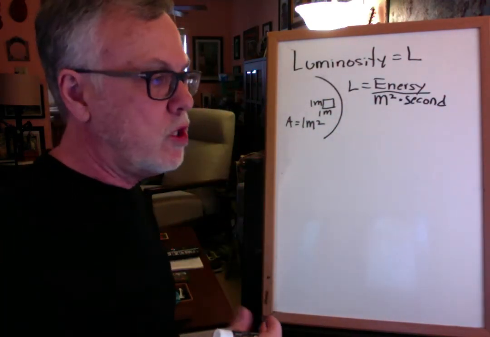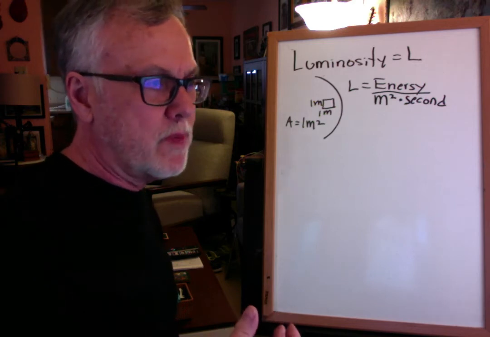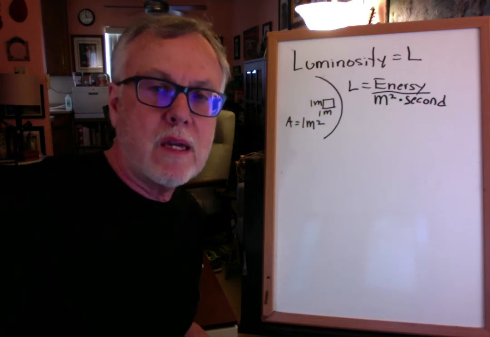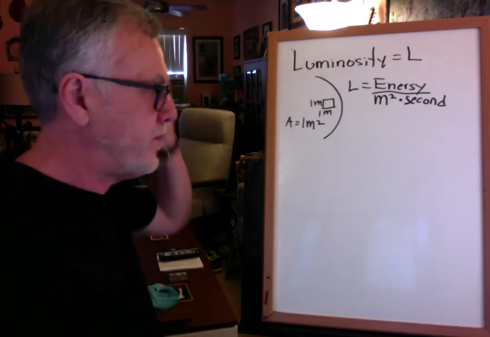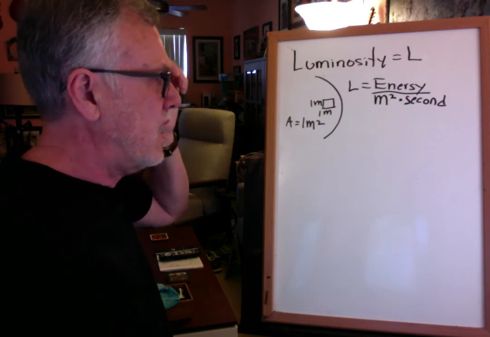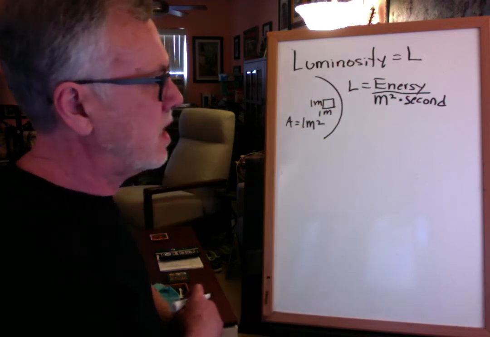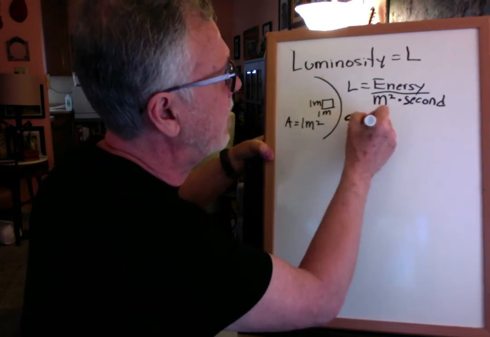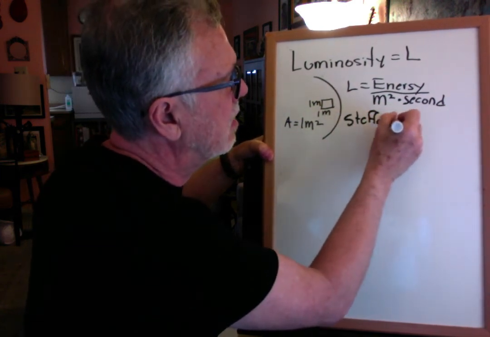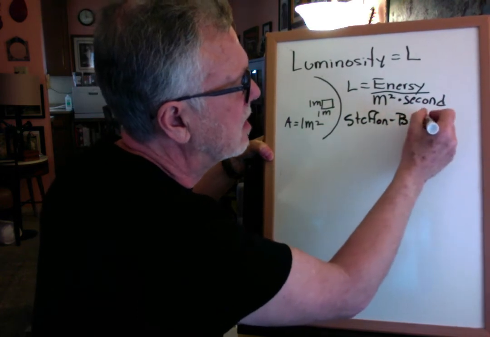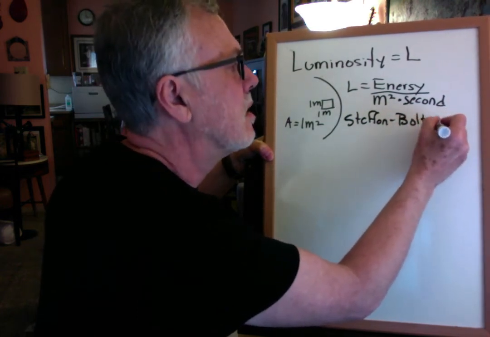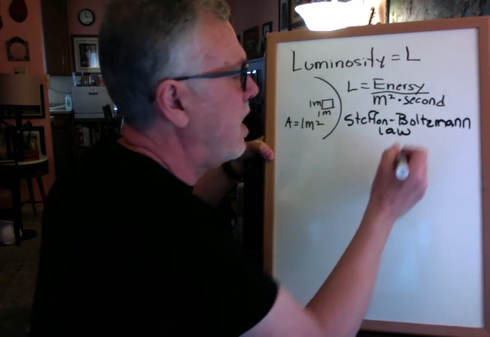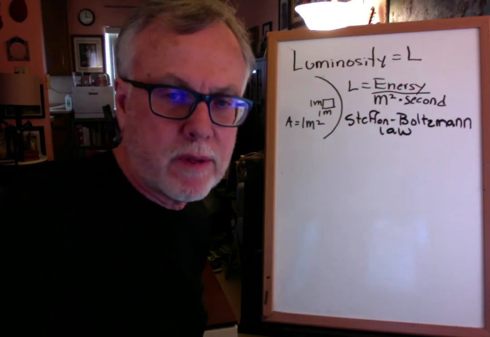And so we use another rule, developed about the same time as Wien's law, that can give us the luminosity. It's what's known as the Stefan-Boltzmann law. I am certain your textbook gives the full equation.